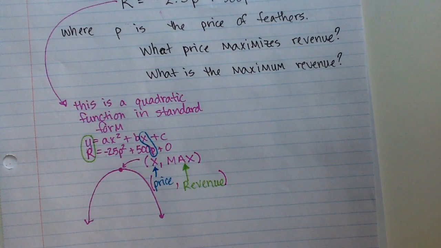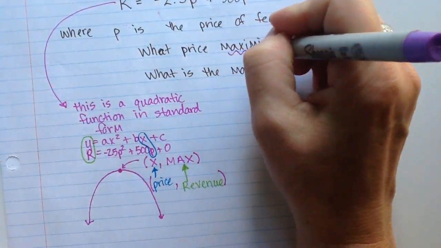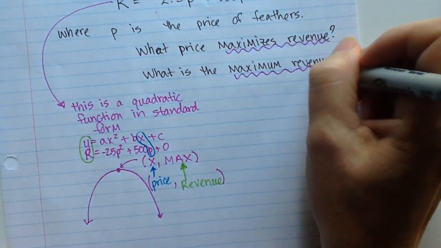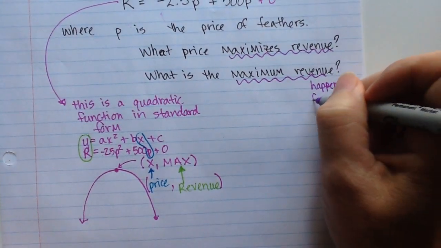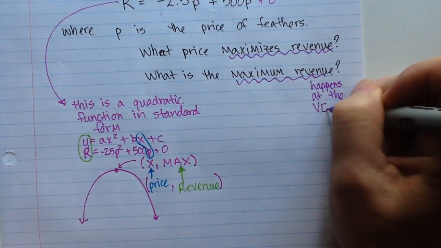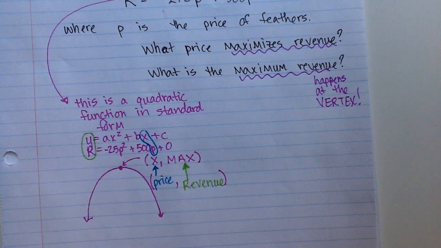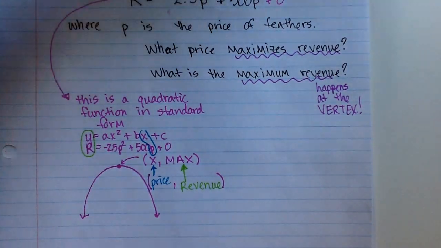Well, if I'm looking for the maximum revenue, because it says what price maximizes revenue, that maximum revenue is going to happen at the vertex. Now we just coincidentally figured out how to find the vertex on our previous page.